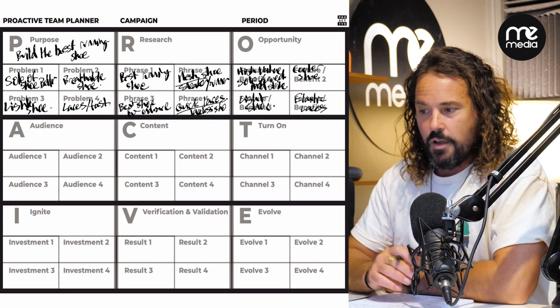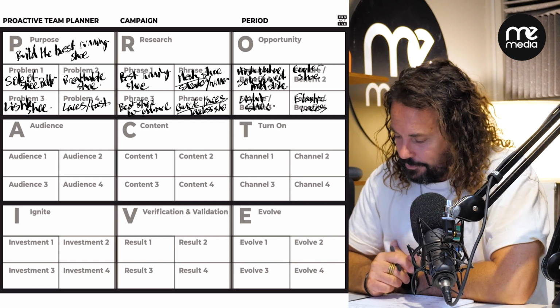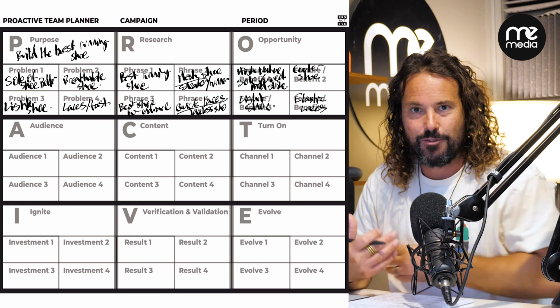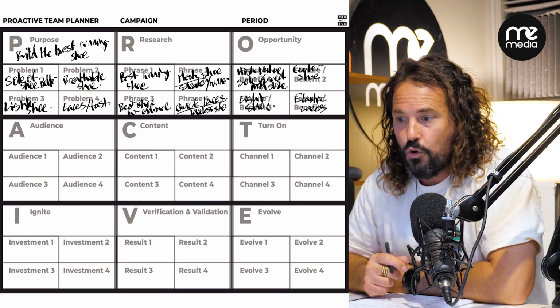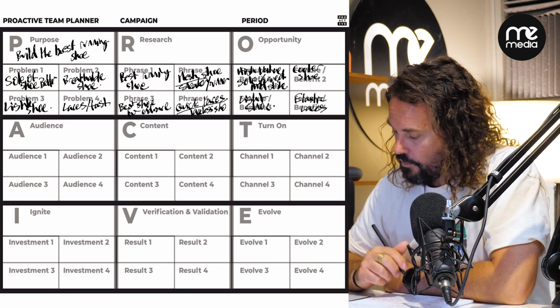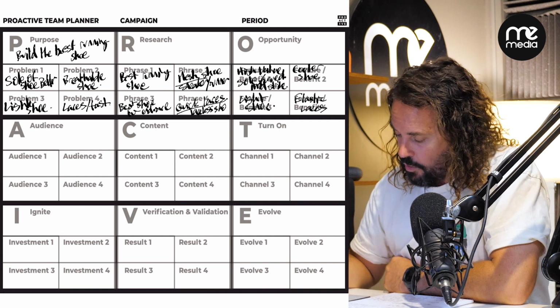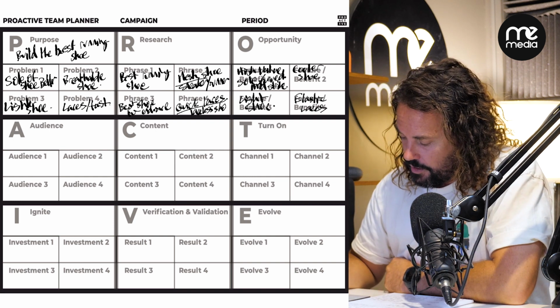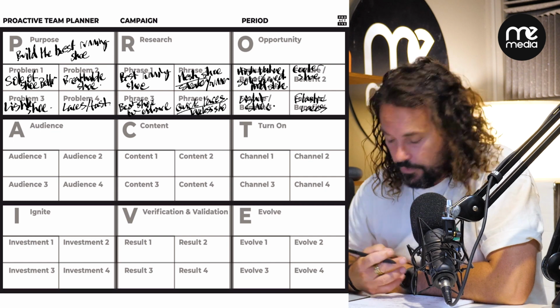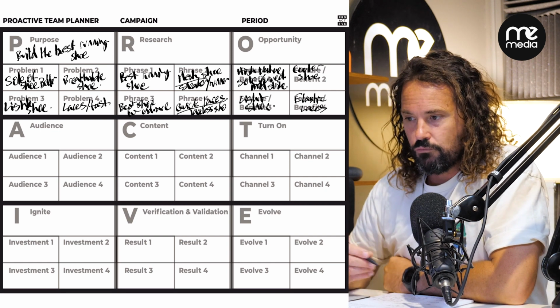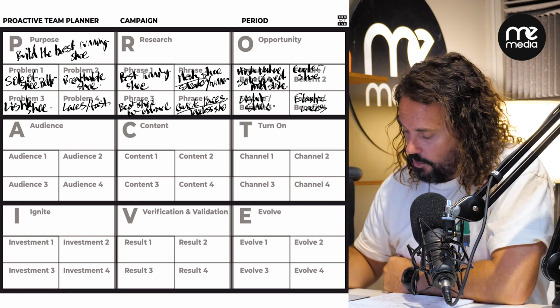All right, now we're into the audience category. So, great opportunity to talk with your team. Who is our customer? So, for example, in this case, we might have multiple audiences. Runners is the obvious one.